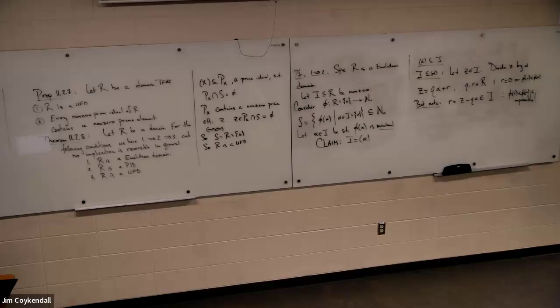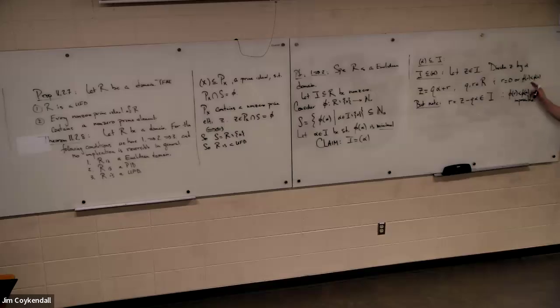Therefore, φ(r) less than φ(α) is impossible. Why? That is right. α was the element in I that had a smallest φ value. r is in there. It can't have a strictly smaller φ value.